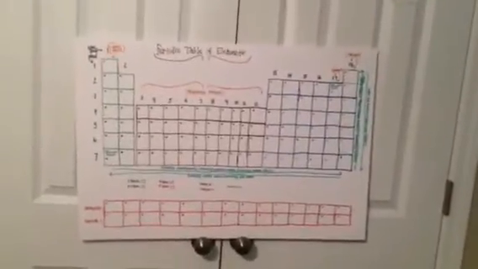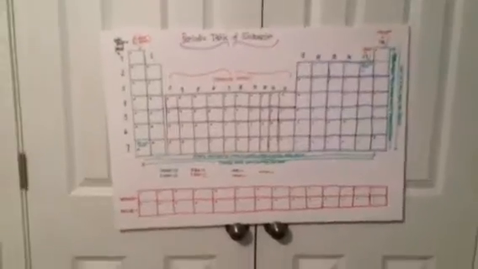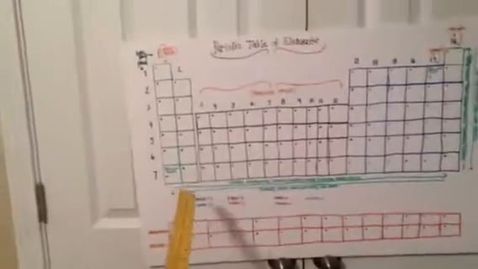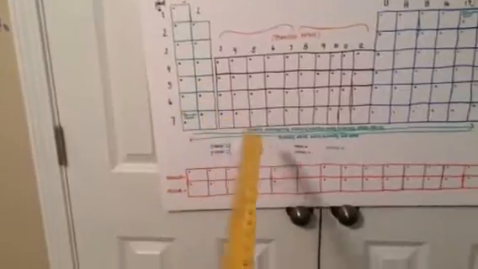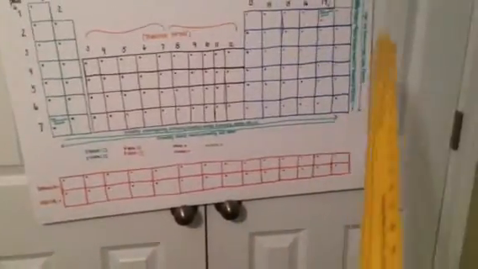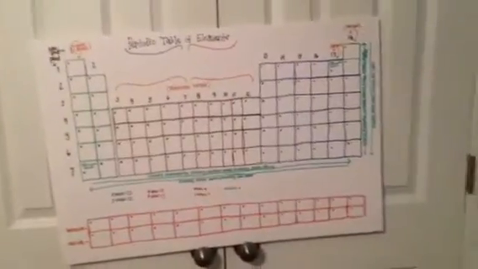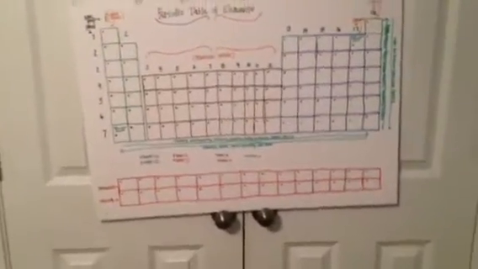And now I'll tell you about the trends. I designated the different trends based on the arrows on the bottom that showed what the group trend has, and on the side that shows the period trend.